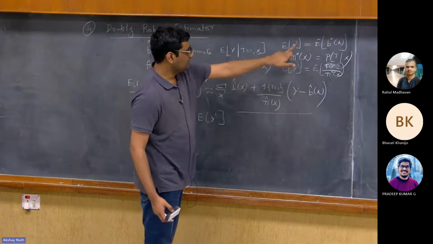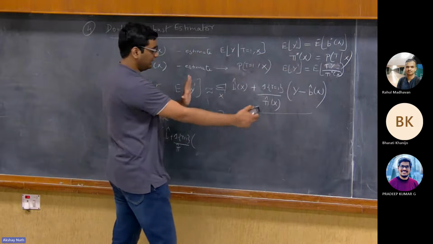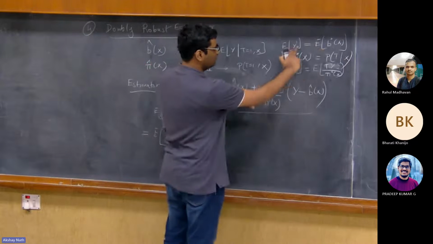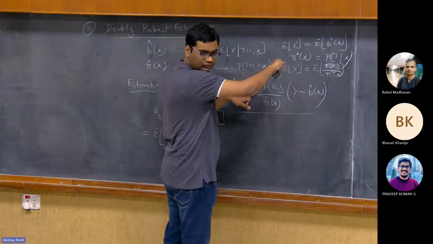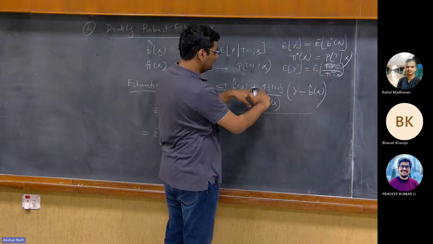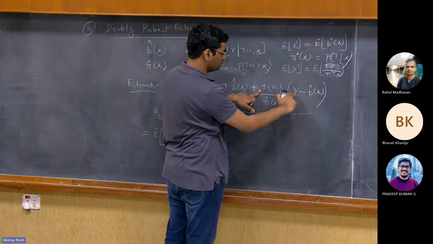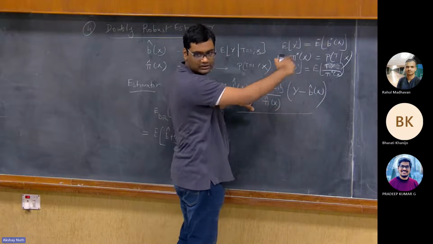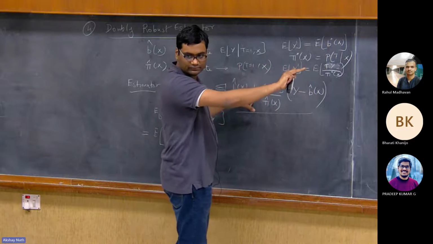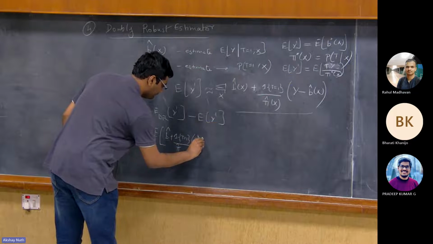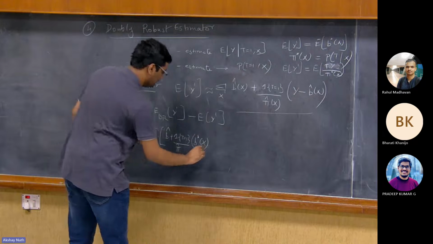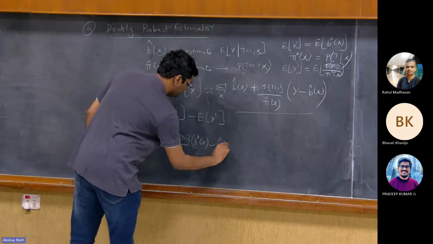If you condition on x, y1 is again equal to b star of x. So I'll do all of the substitutions. Essentially, all I have is b star of x here, minus b hat of x.